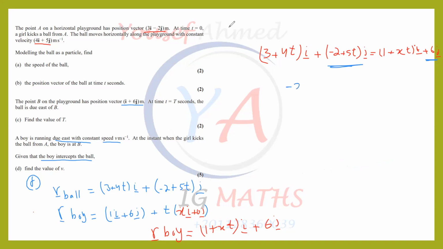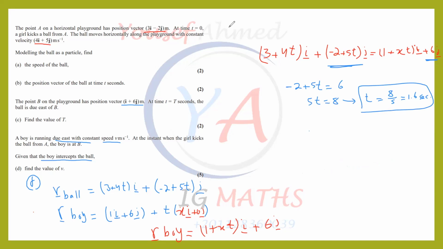You will equate negative 2 plus 5t with 6. So 5t is equal to 8. So the time where they meet due east of B is 8 over 5, which is 1.6 seconds. And then you can work on finding the value of the velocity.